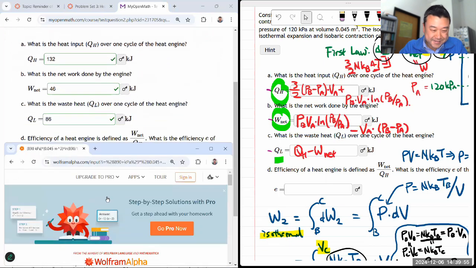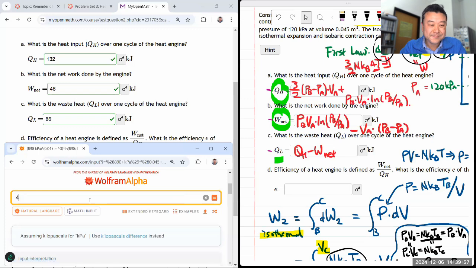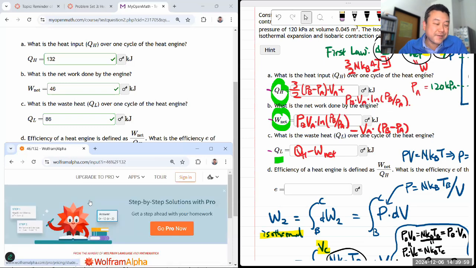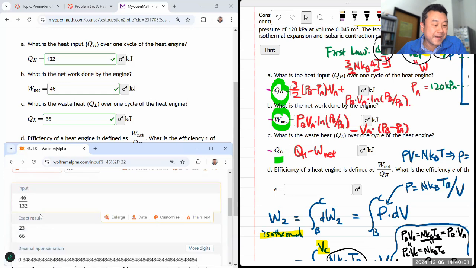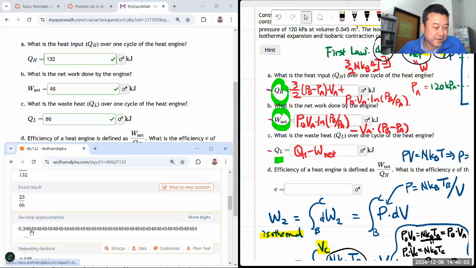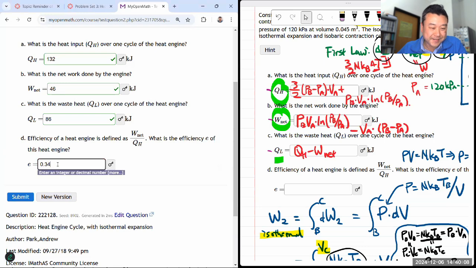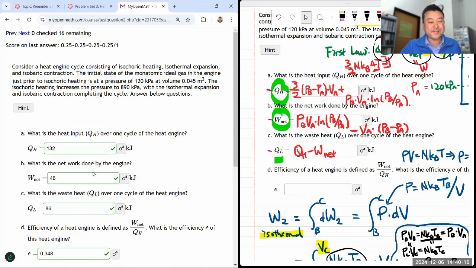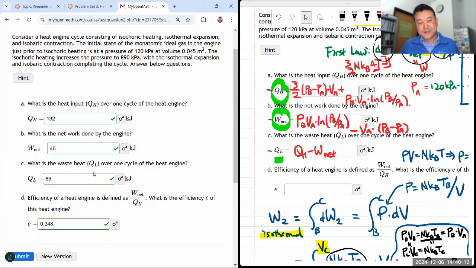So 46 divided by 132. It's close to 1/3, but it's not quite. It's off by enough. 0.348. Off by enough that it won't grade my previous answer as correct. So yeah, that's the other cycle involving isothermal expansion instead of the adiabatic expansion that the other question involved.